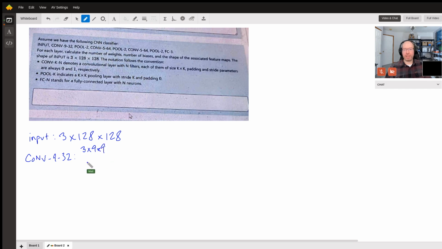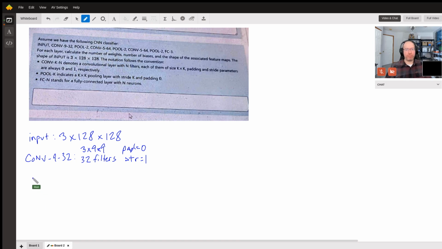And then we've got 32 filters. Padding is 0, stride is 1. Those are basically the simplest parameters, so that should be easy enough to work with.